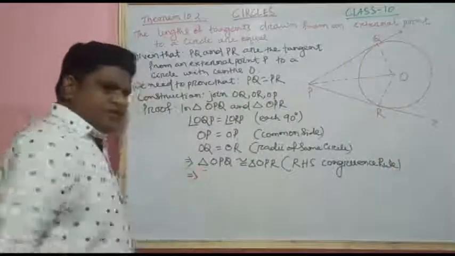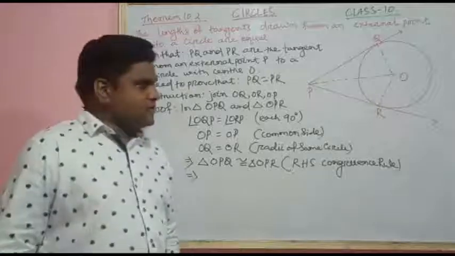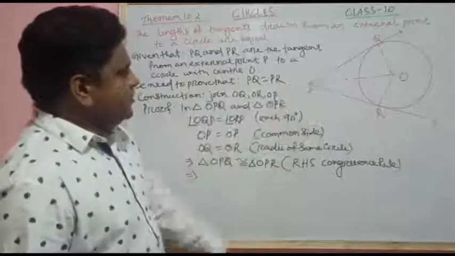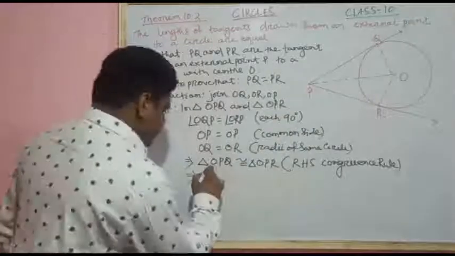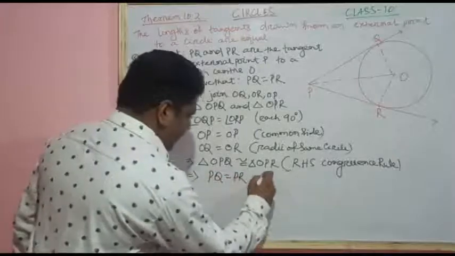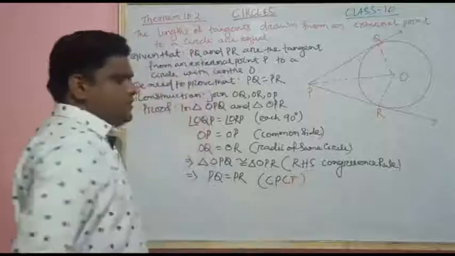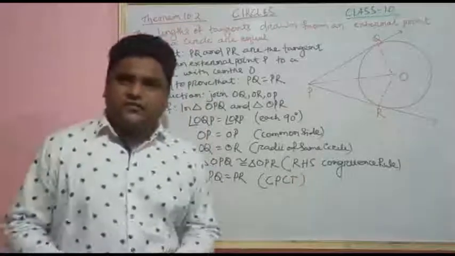If two triangles are congruent, then their corresponding sides and corresponding angles must be equal. So in this case we have to write only PQ is equal to PR, by corresponding parts of congruent triangles. Now theorem 10.2 is also proved.